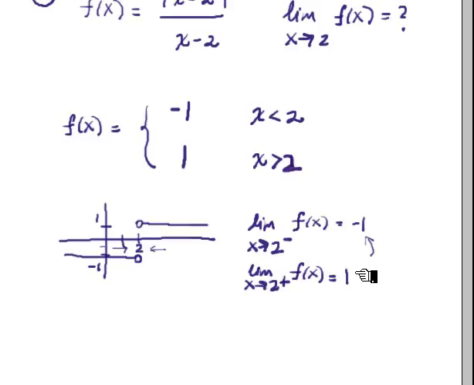So again, these two are not equal. So we say the limit as x goes to 2 of f of x does not exist.